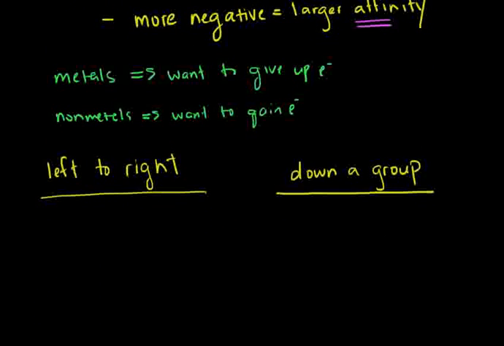And so briefly, I don't want to waste your time here, this video is getting a little bit long. We can just briefly summarize what's going to happen when we move from left to right across a period and we move down a group. Again, we've said this multiple times, when we move left to right across a period, we're going to have increased attraction.